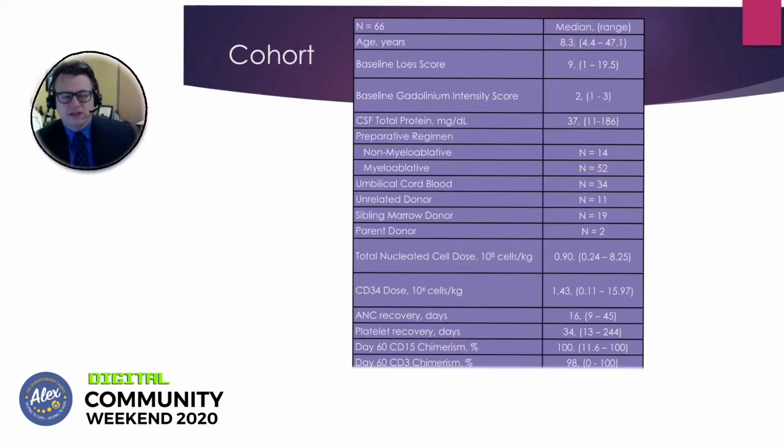We measured CSF total protein, that was 37. Boys are treated by a variety of transplant types, non-myeloablative and myeloablative. Most were myeloablative, and the stem cell sources are given as well. Most of them had received umbilical cord blood. 19 received marrow from a brother or sister. And then the cell doses are given as well as recovery time.